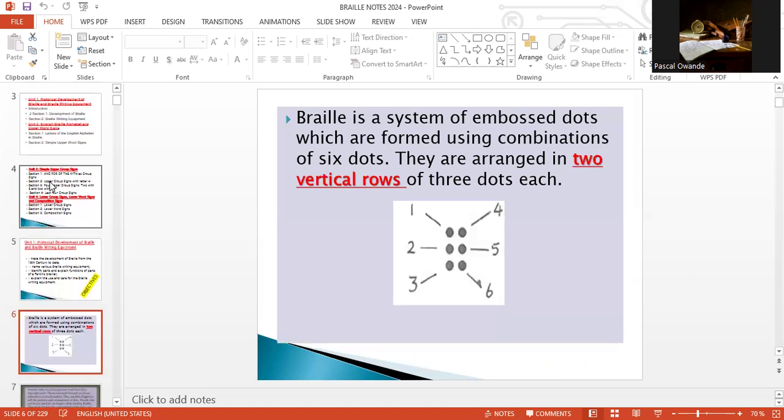So what is Braille? We say that Braille is a system of embossed dots which are formed using combinations of six dots, and these dots are arranged in 2 vertical rows of 3 dots each.